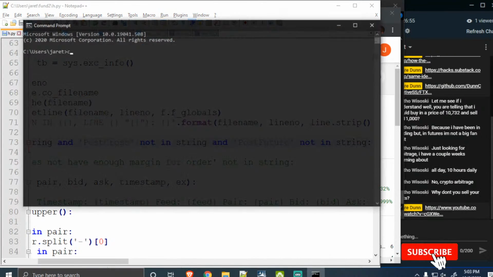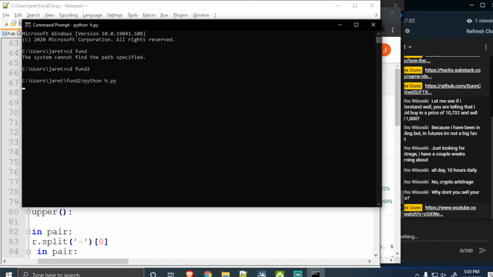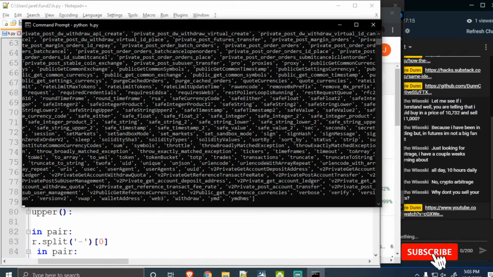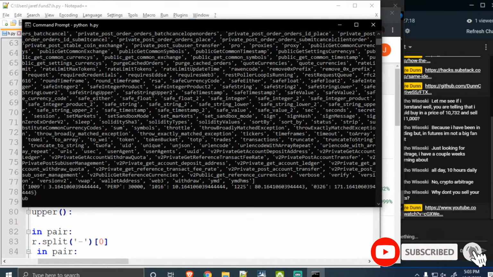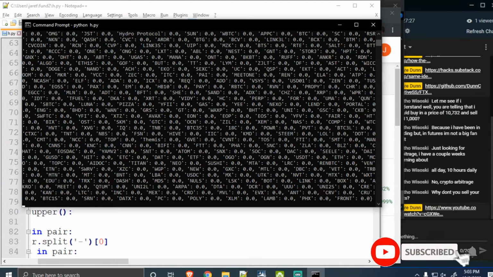We're delaying for 2 seconds and coming up with these errors. We have EOS on our swap.